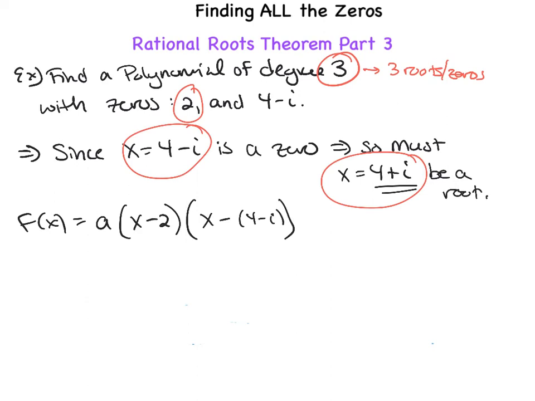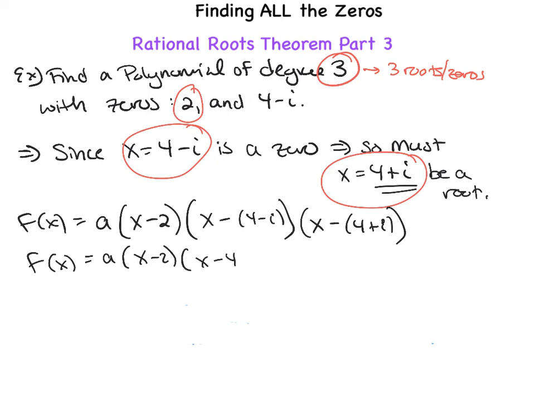And finally, if x equals 4 plus i is a zero, then x minus 4 plus i is a factor. If you want to, you can distribute the negatives through the second two, but we are pretty much finished. x minus 2 times the a, x minus 4 plus i, and x minus 4 minus i.